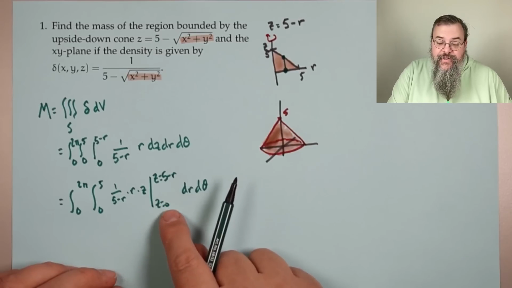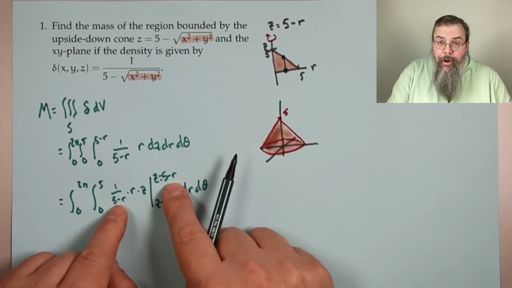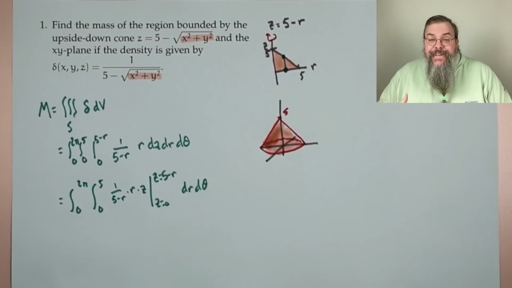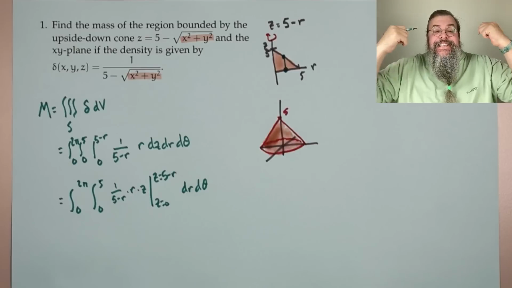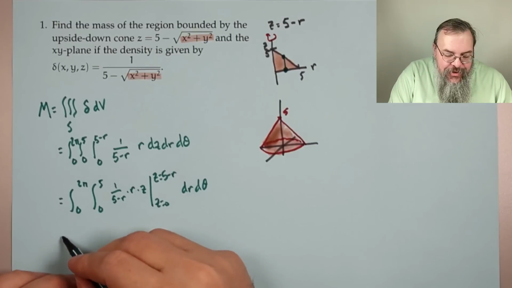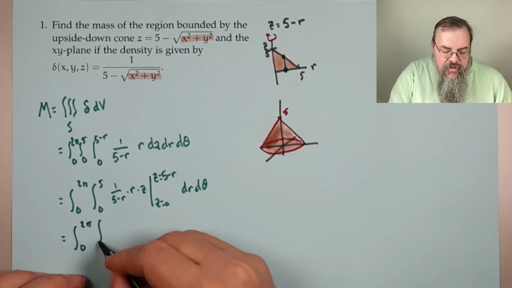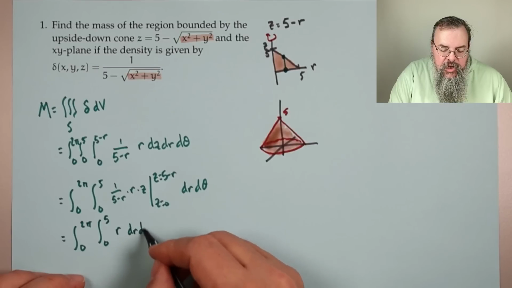When you plug in 5 minus r, you have a 5 minus r there. Whoa! It's like they planned for them to cancel, because they did. They wanted cancellation. So this becomes integral 0 to 2 pi, 0 to 5 of r dr d theta.